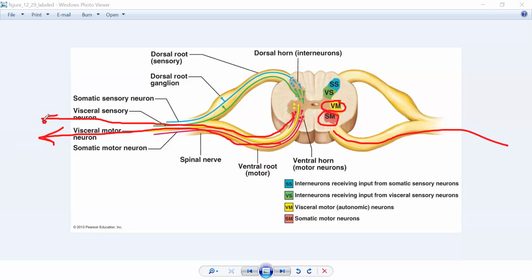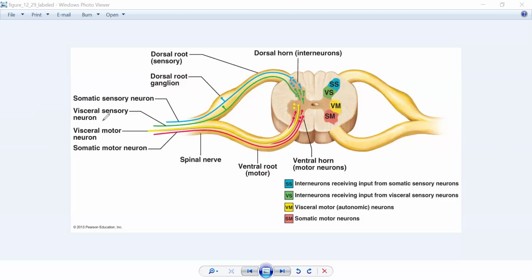And then in the back, you have sensory, so that you're sending information dealing with sensory from the body. Okay, so let's just start here with VS, visceral sensory. You're receiving sensory from areas deep in the body you don't have conscious control of. Just to give an example, maybe some abdominal discomfort, the digestive organs, you'd be sending sensory.